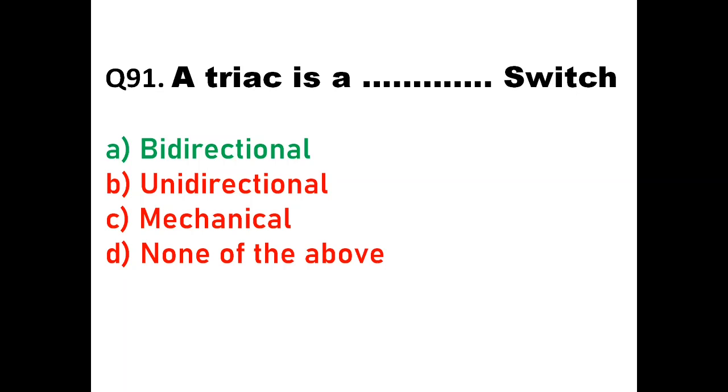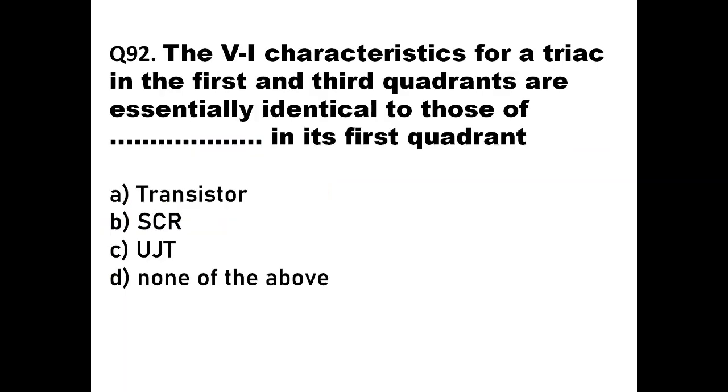Then we'll go to the next question, question number 92. The VI characteristics for a triac in the first and third quadrants are essentially identical to those of dash in its first quadrant. The options are transistor, SCR, UJT, and another. The answer will be SCR.